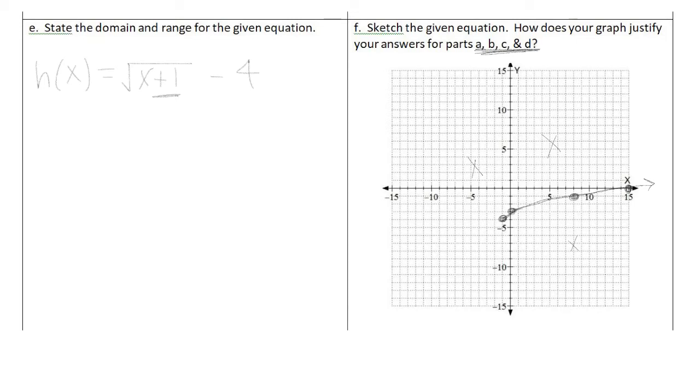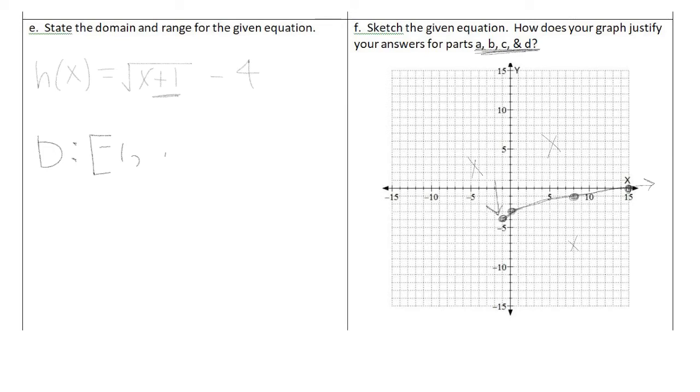All right, now for the next part, I'm going backwards here, we need to state the domain and the range. So let's go ahead and do the domain. Domain is how far left did my graph go? Well, as far left is -1. That's going to be right there.